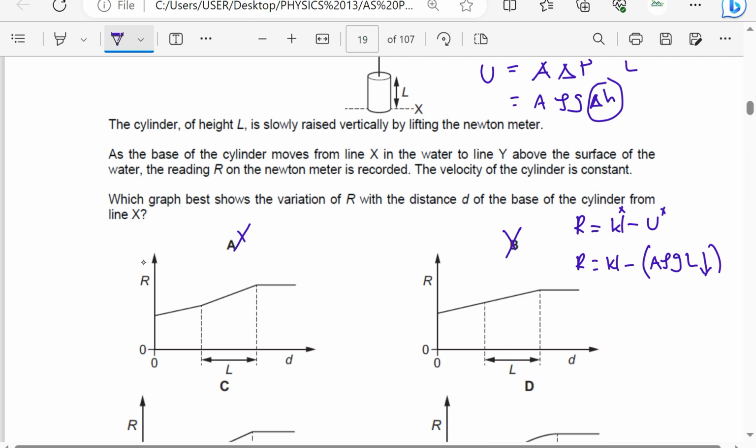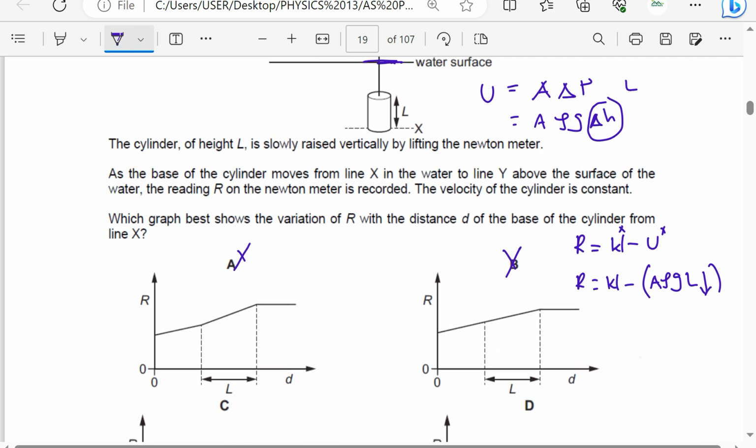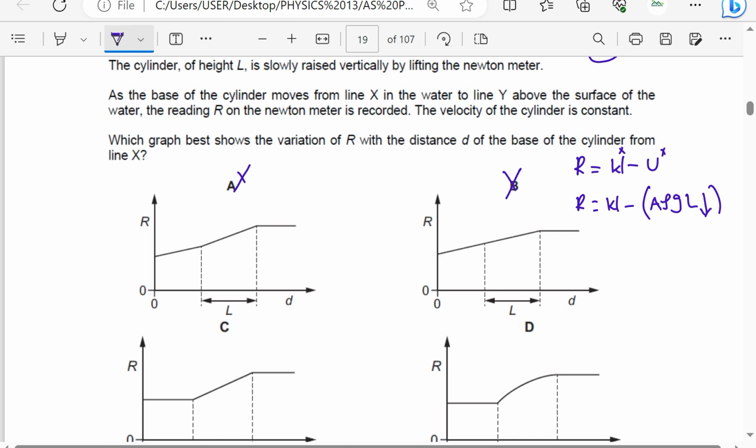So as we reach the surface, because L starts decreasing, this part here becomes smaller, the difference becomes bigger, so R increases. So as we move out, L starts decreasing, the height submerged starts decreasing, the upthrust reduces. So it means this R increases.